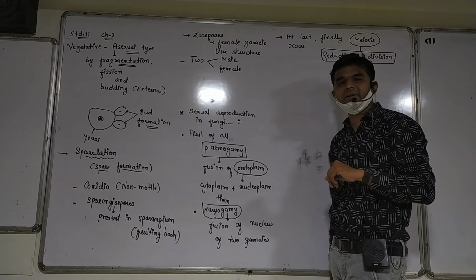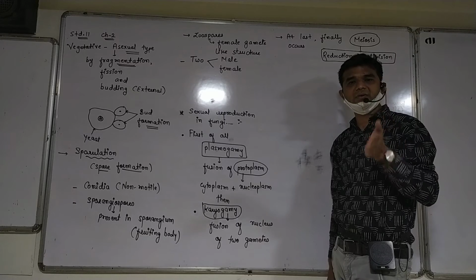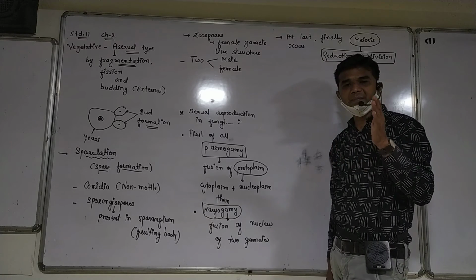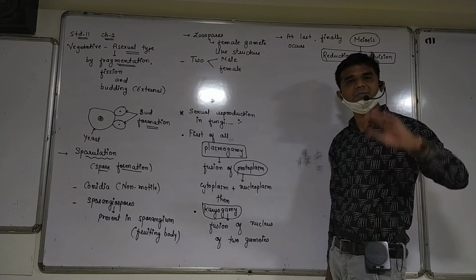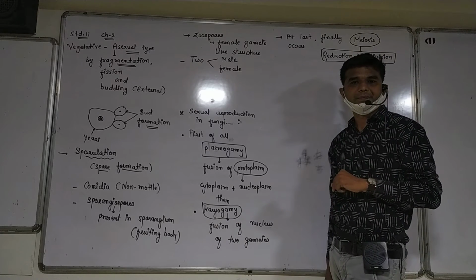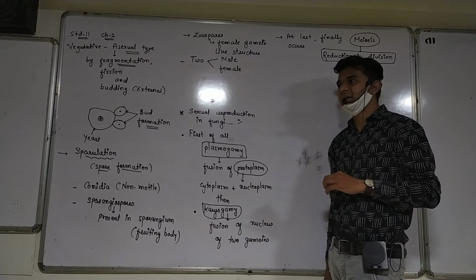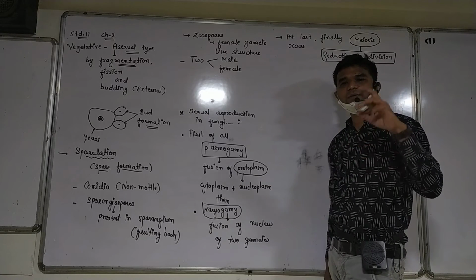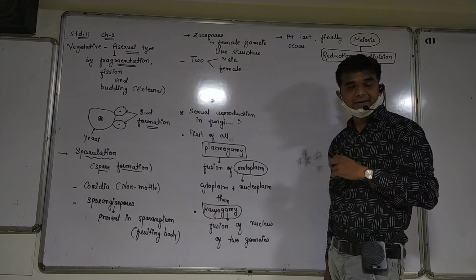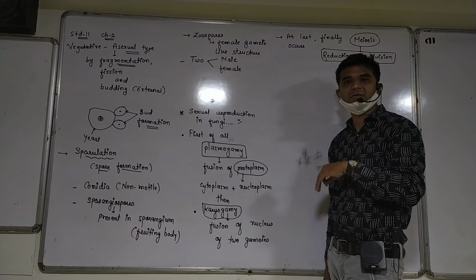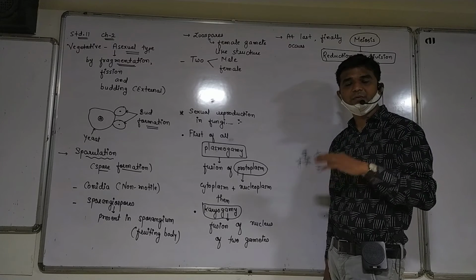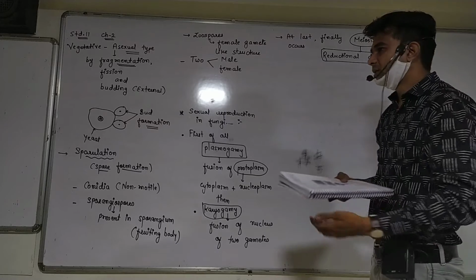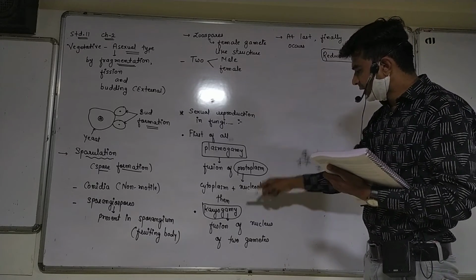Meiosis is known as reductional division because the significant role of meiosis is that the gametes generated, male and female, consist of half the number of chromosomes of the parental cell. For example, in human beings, sperms consist of 23 chromosomes, whereas the male partner consists of 46 chromosomes. The female has 23 chromosomes in the ovum, and 46 chromosomes in the female. So male and female gametes are united together after karyogamy.